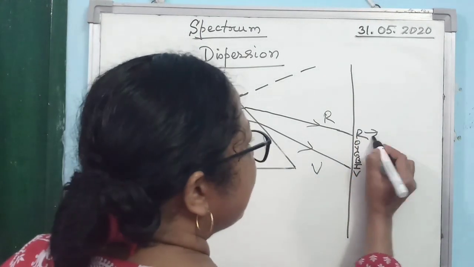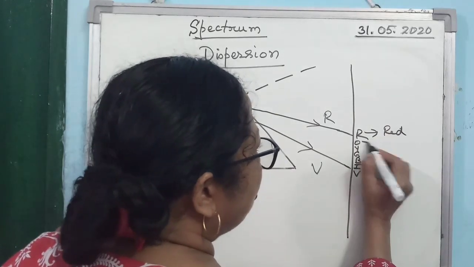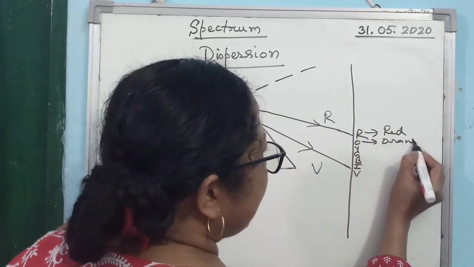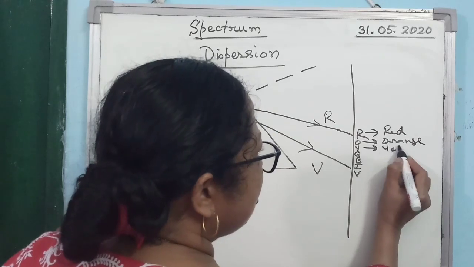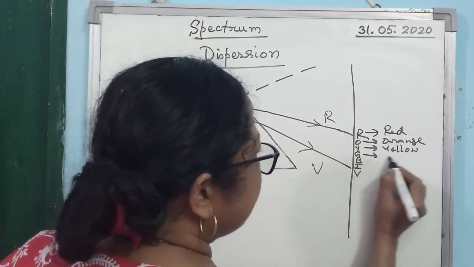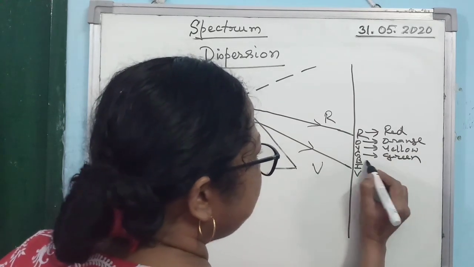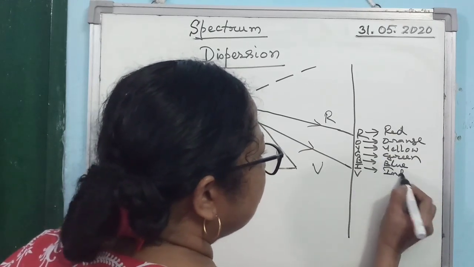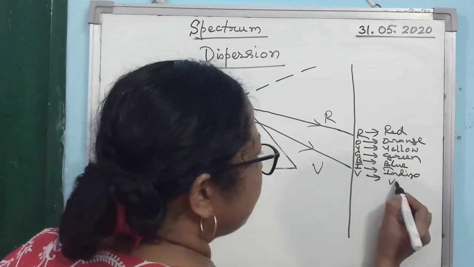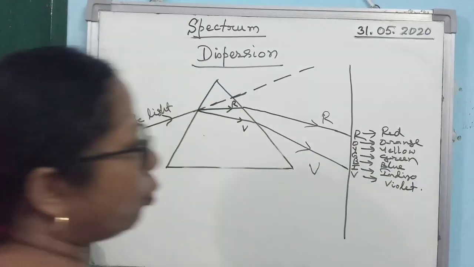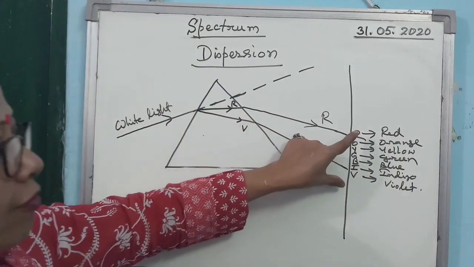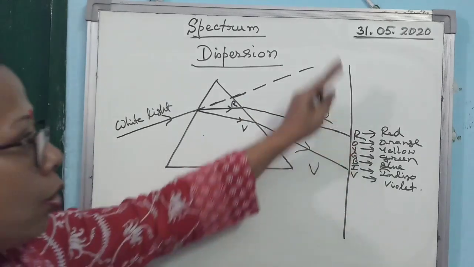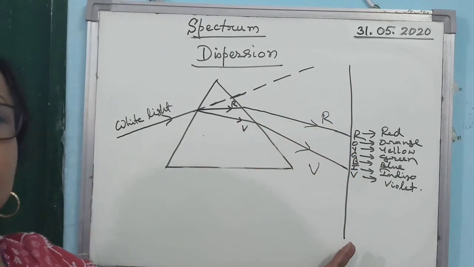So R is red, O is orange, Y is yellow, G is green, B is blue, I is indigo, and V is violet. So what you will get? You will get 7 colored bands on the white screen.